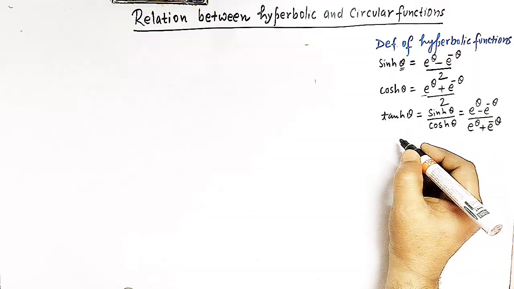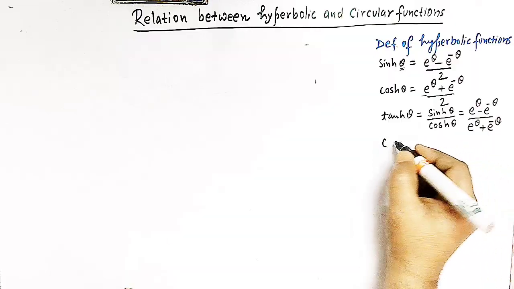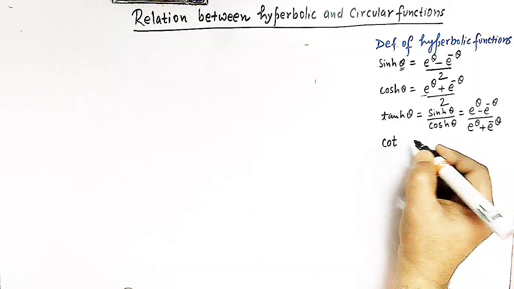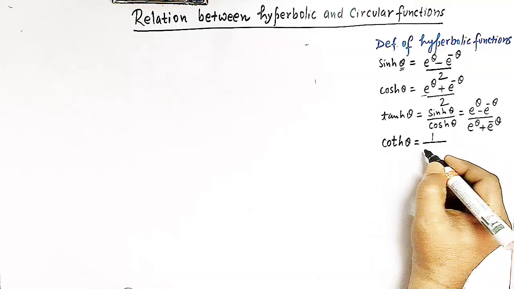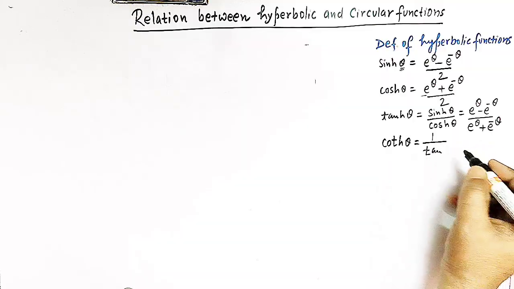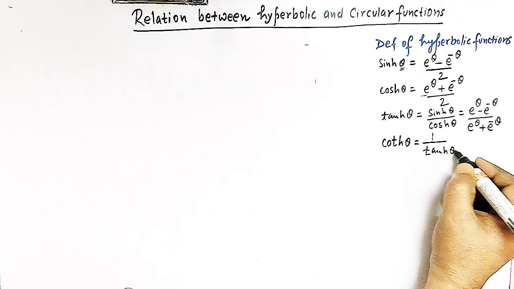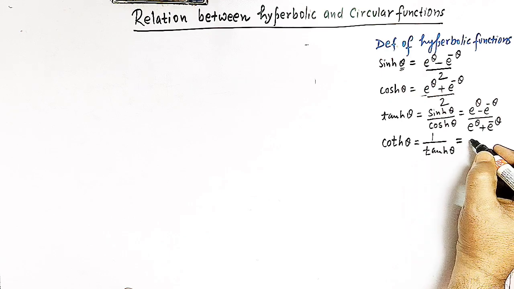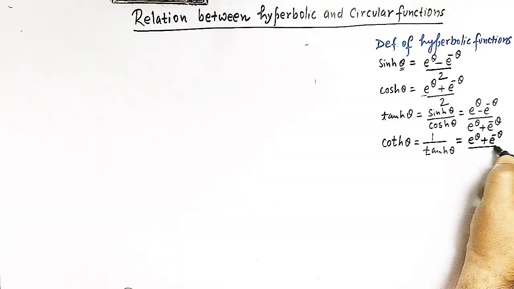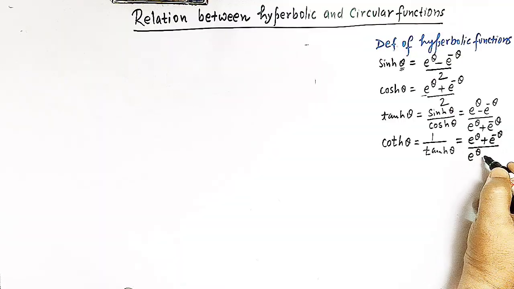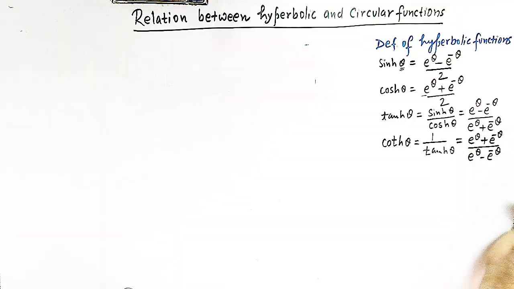And similarly we can define the hyperbolic cotangent of theta as 1 over hyperbolic tangent of theta. So this is simply e raised to theta plus e raised to minus theta divided by e raised to theta minus e raised to minus theta.